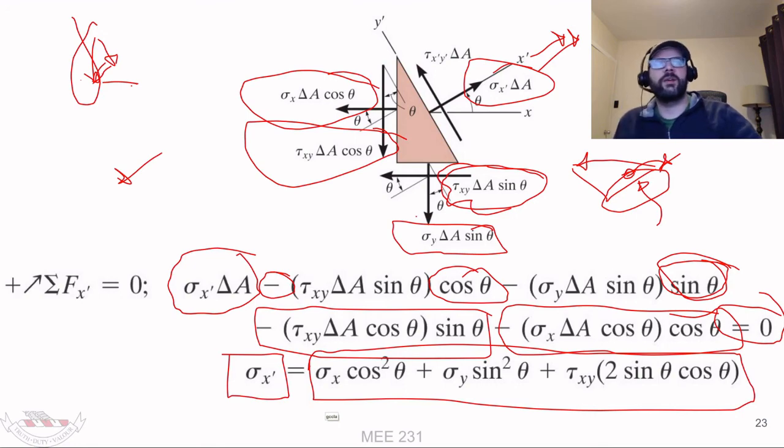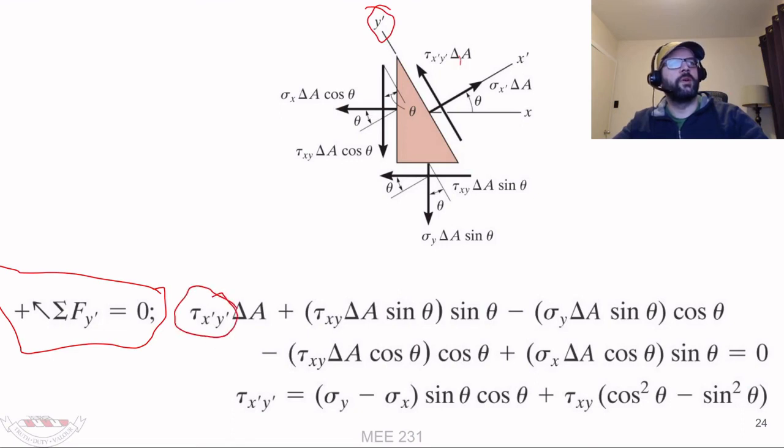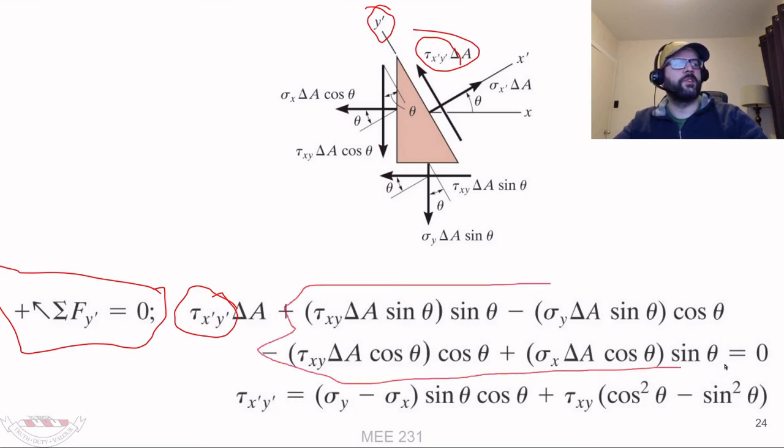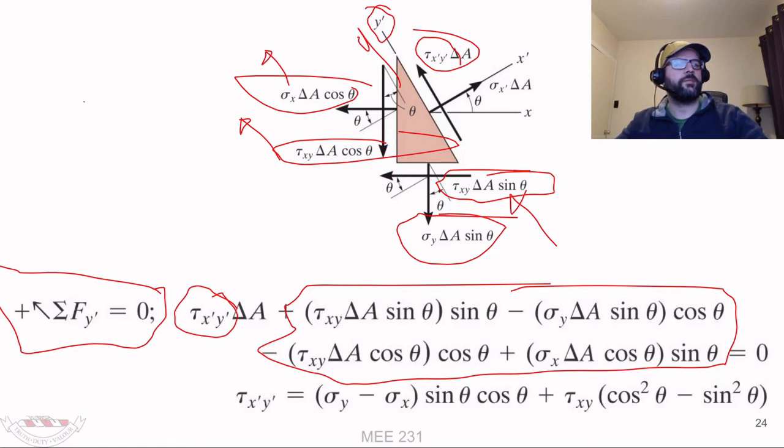So similar idea for the force in the y prime direction. That allows us to solve for this here, based upon these inputs: the portion of this that's parallel to this axis, the portion of this that's parallel to this axis, the portion of this that's parallel to this axis, and the portion of this that's parallel to this axis. So we're able to solve for that.